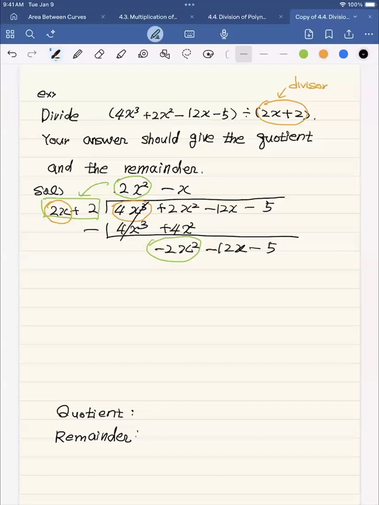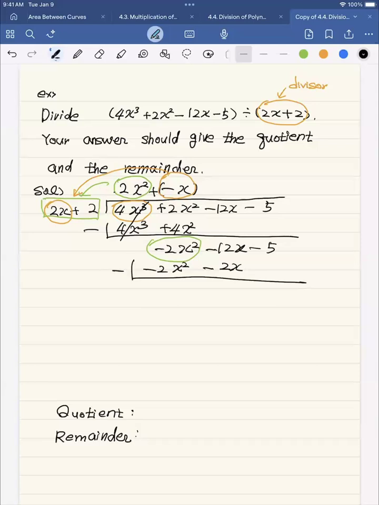So let's write it down as plus minus x. And then we think about the multiplication with this one and the divisor. Then we get negative 2x squared minus 2x.